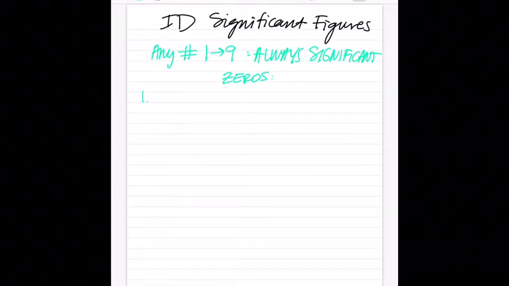Type number 1 is called a sandwiched zero. I feel like I spelled sandwich wrong. There's a reason why I don't teach English. Whatever, it's called a sandwiched zero. Now, sandwiched zeros are always significant.